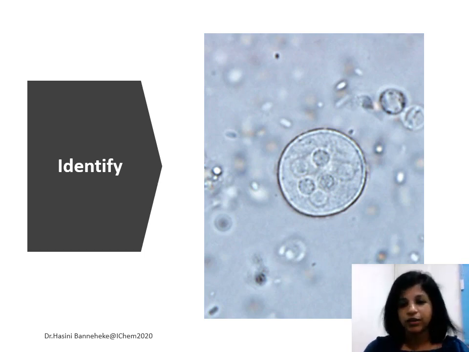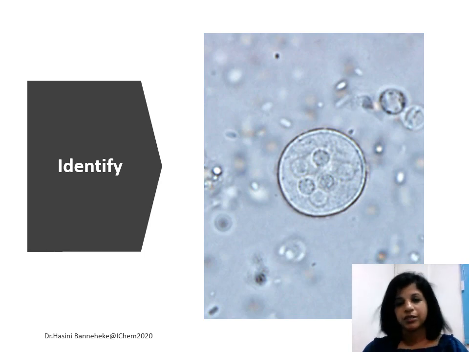And once you have the assessment on the size and the shape, then you look at the morphological characteristics. Like first you look at the wall, whether it is a thin wall or whether there are any protuberances or whether there are several layers in the wall. Likewise, you look at the appearance of the wall as well as the thickness. And then you go to the internal structures.